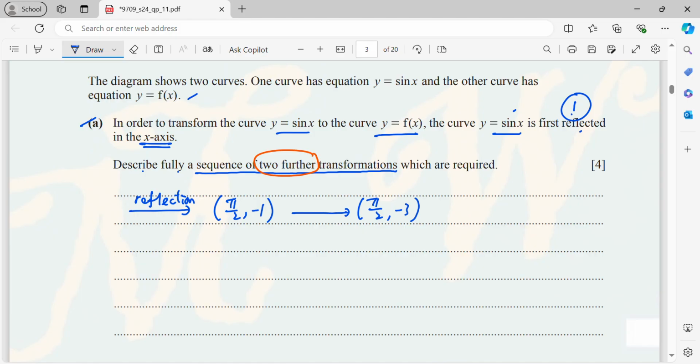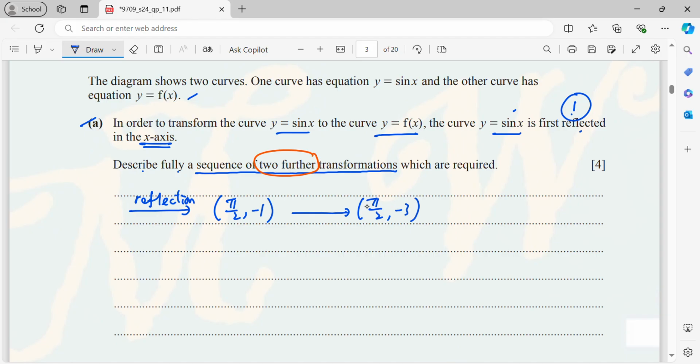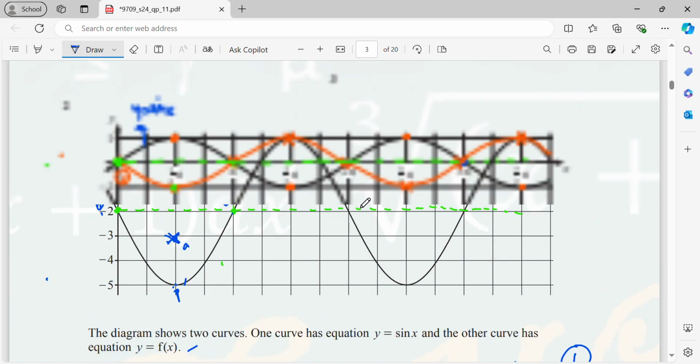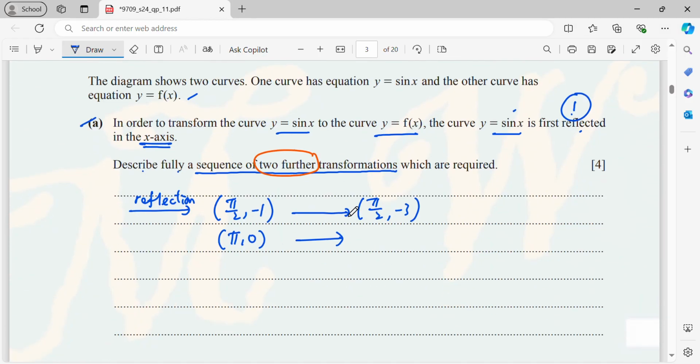And now check one more point. Let's say I check pi, 0. Here pi, 0 has been changed to, now see here 2 units, here 2 units, that means initially it is still pi, 0. So here becomes pi, 0, no change.